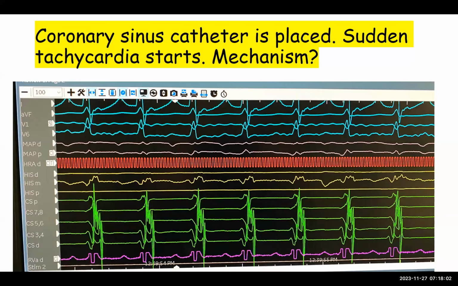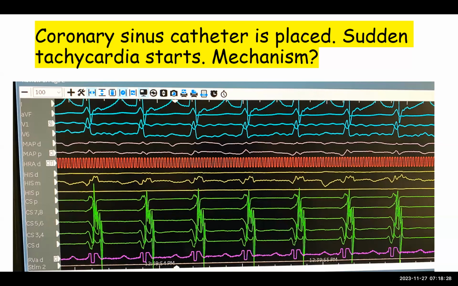Now, if the pathway were located at the CS proximal location, in the posterior septal region, then the RP interval would be short at that location.